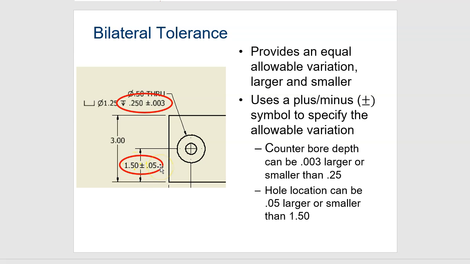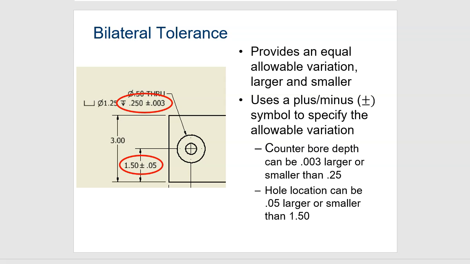Sometimes there's 3 decimal places here. The smaller this number is, the more expensive it is to produce. In this case, it has 3 decimal places and 3 decimal places. So this is saying that this depth can be 1/4 of an inch plus or minus 3/1000ths of an inch. So it could go up by 0.003 or down by 0.003.